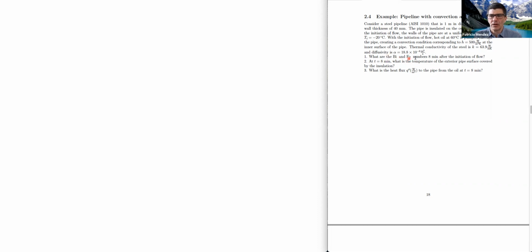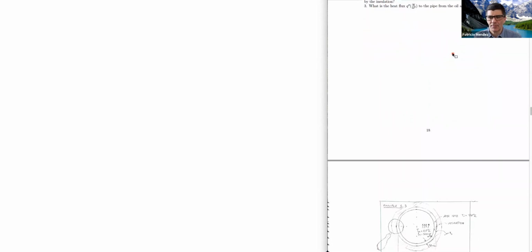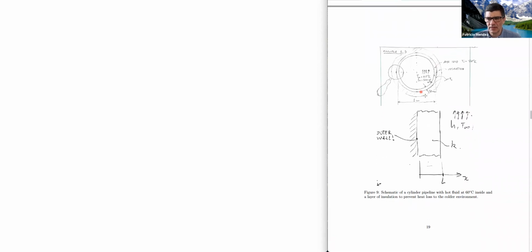What are the Biot and Fourier numbers 8 minutes after the initiation of the flow? Here we have a schematic of the pipe. The insulation is outside. Some of you asked me during the quiz on Monday if the insulation of the pipe would be inside.